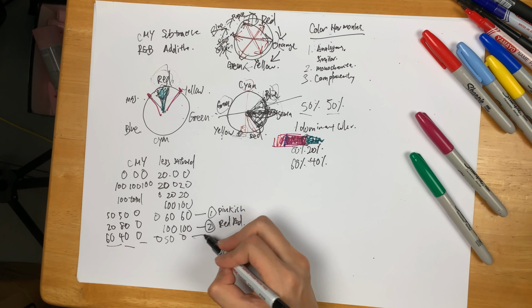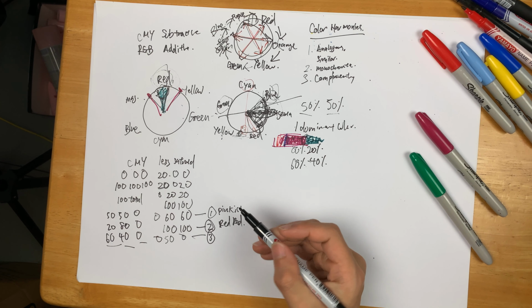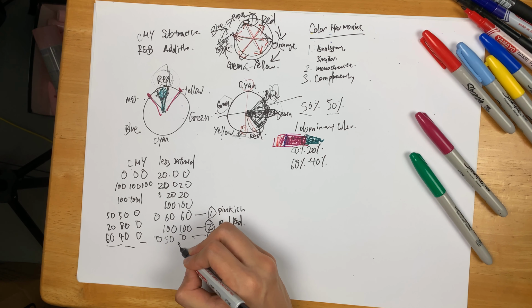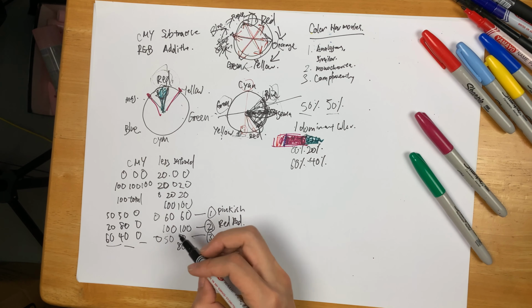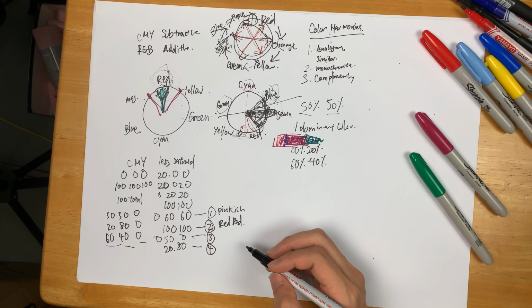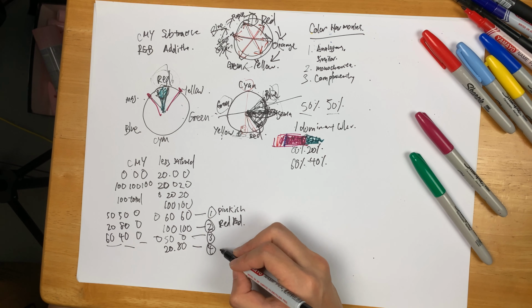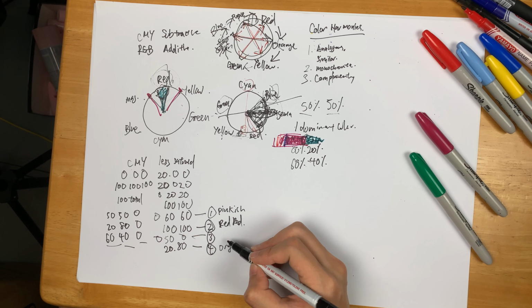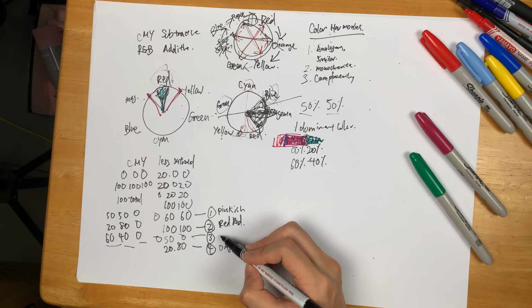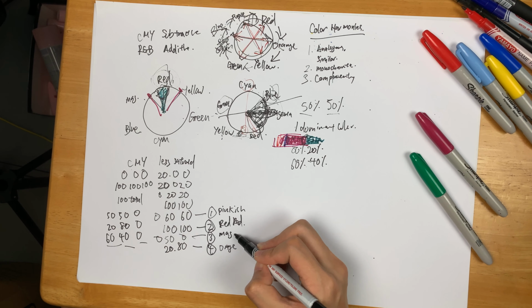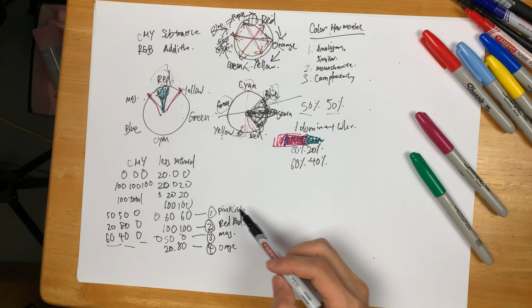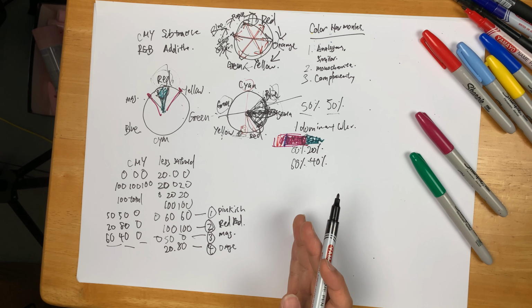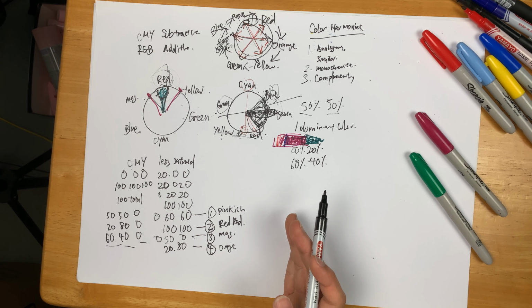You take some yellow that you try to lean towards the orange, so maybe 80% yellow and 20% magenta. So this is orange, this is magenta.